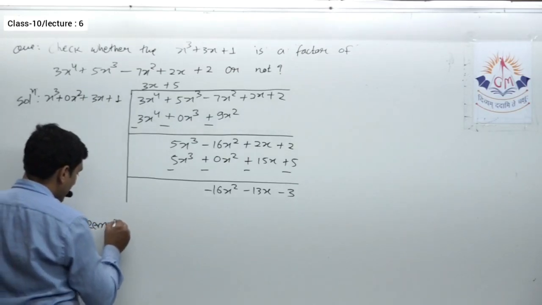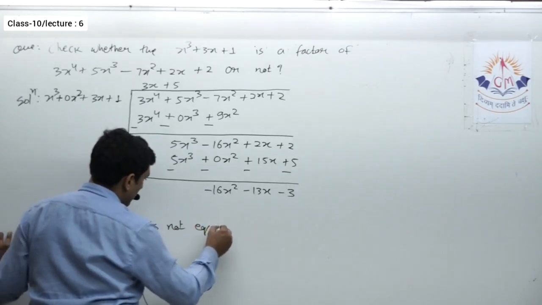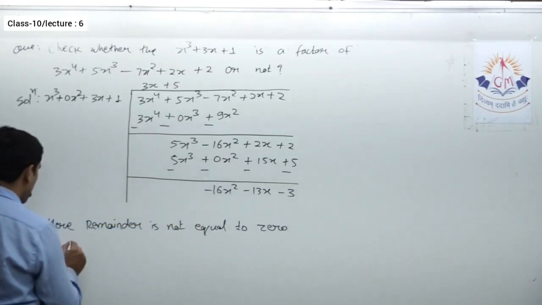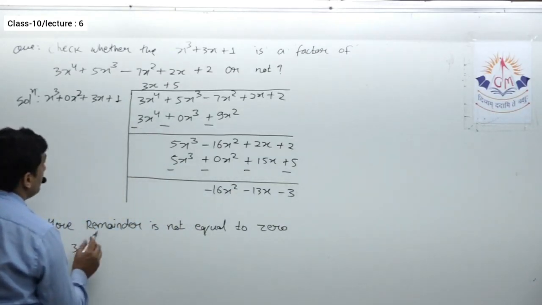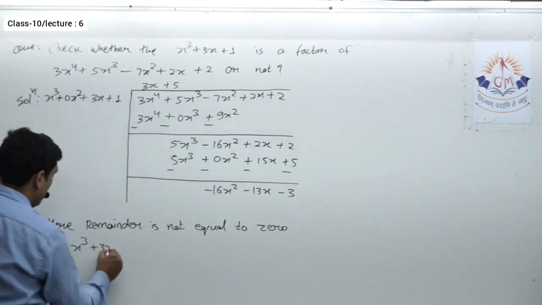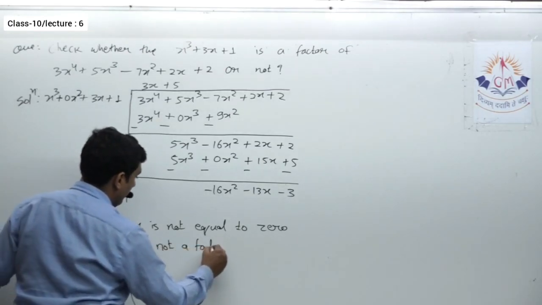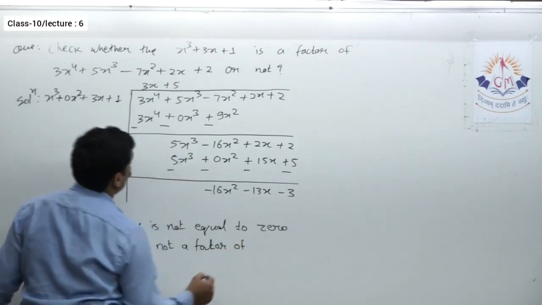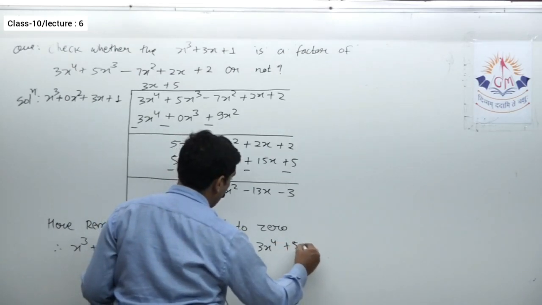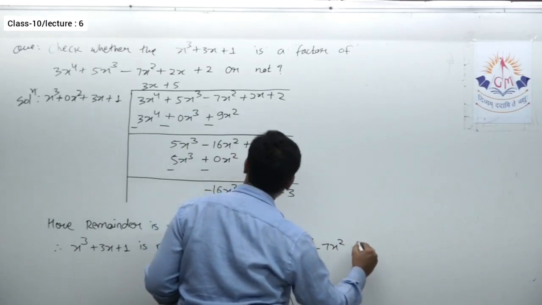So here we can conclude, remainder is not equal to 0, therefore x cube plus 3x plus 1 is not a factor of 3x raised to 4 plus 5x cube minus 7x square plus 2x plus 2.